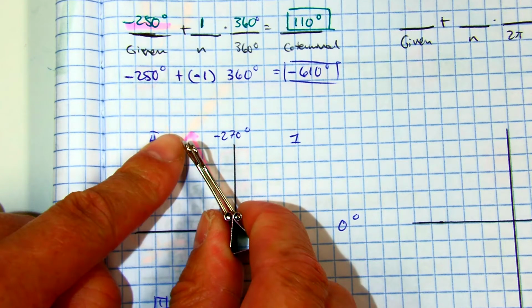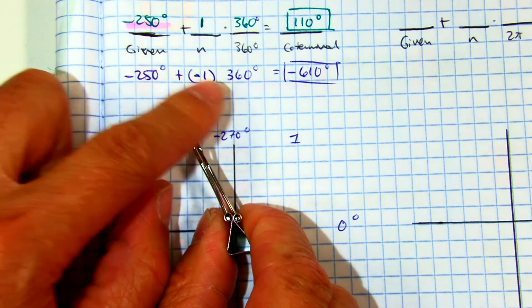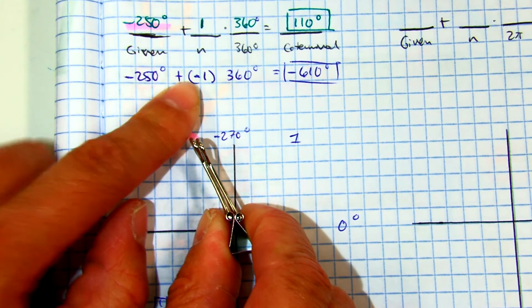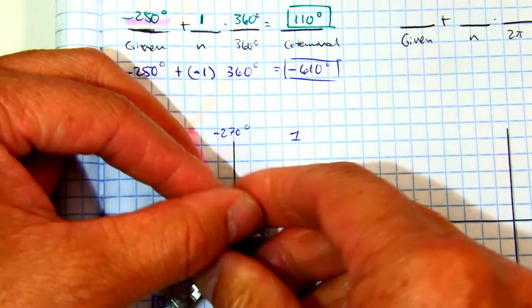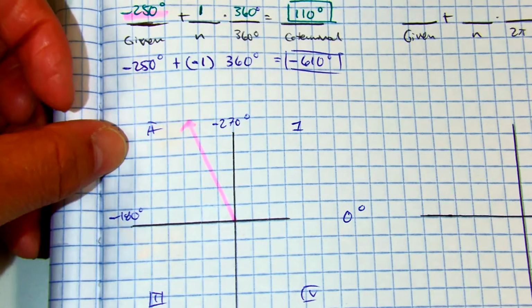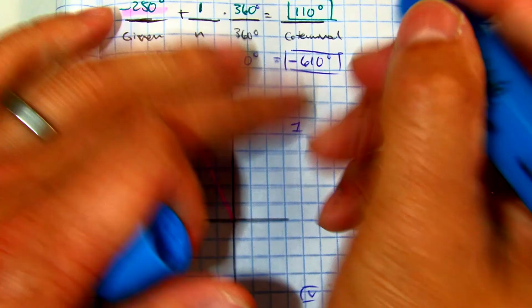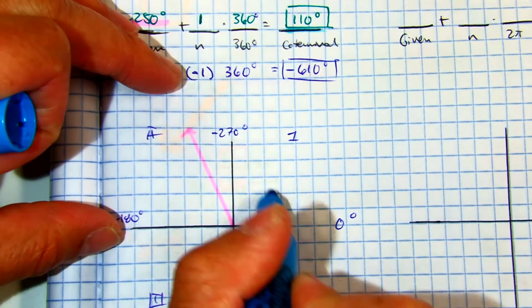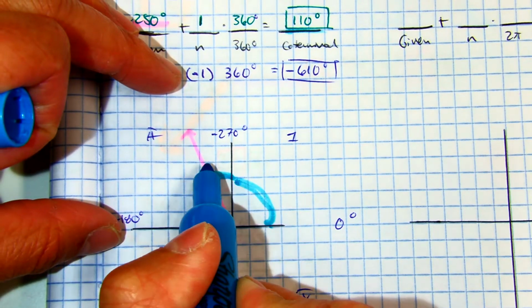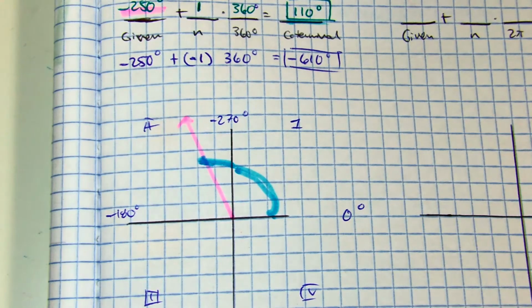Right? And this problem says if you go which direction? Which means what? You do one full rotation, you end up in the same position. Okay? How do you know that is correct? 110. Right there, right? This is 90, and then this would be 20. Does that make sense? Okay.